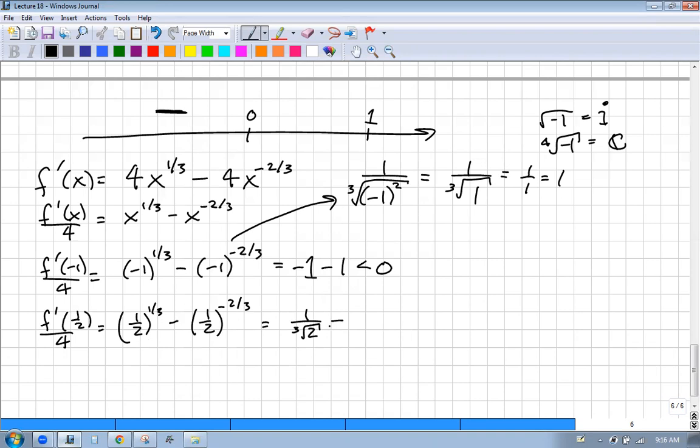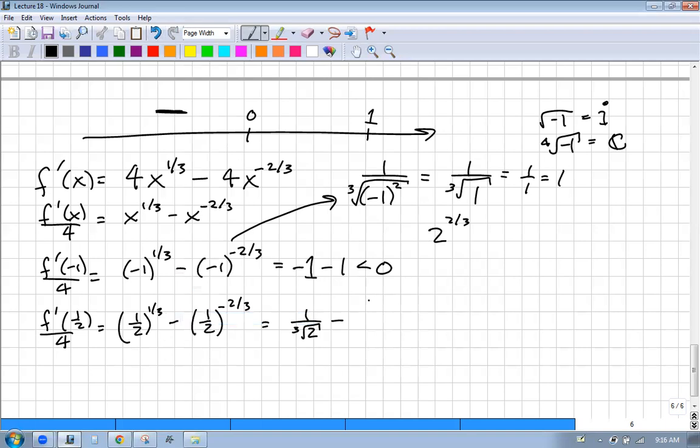It's some positive number. And then this guy, what is this? Because it's a negative exponent, remember the negative exponent tells you to divide. Well, we're already dividing, so that turns it into a positive exponent. This would be 1 over 1 over a half to the 2/3, and that's just 2.